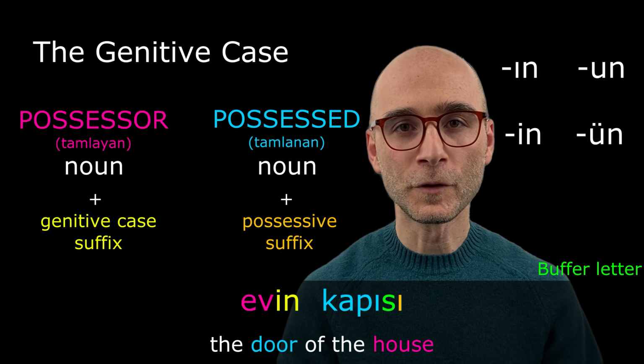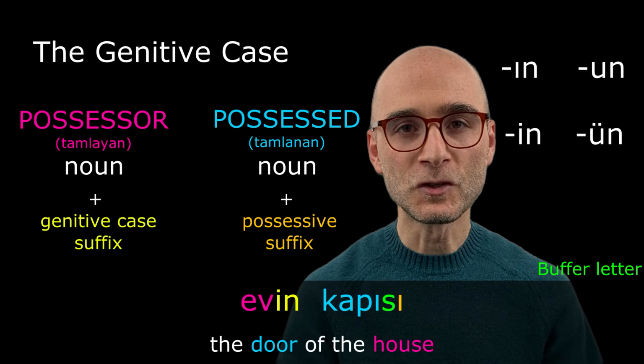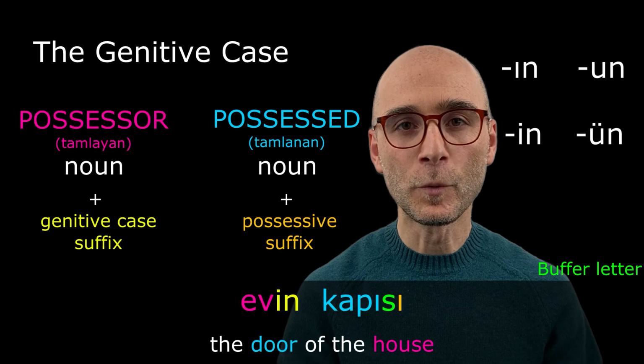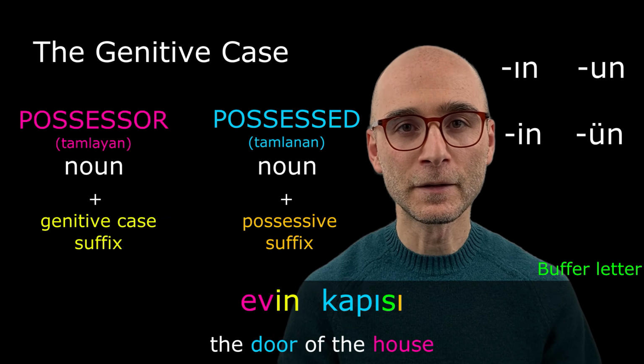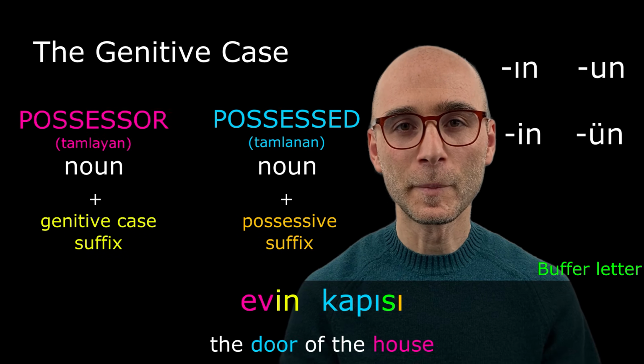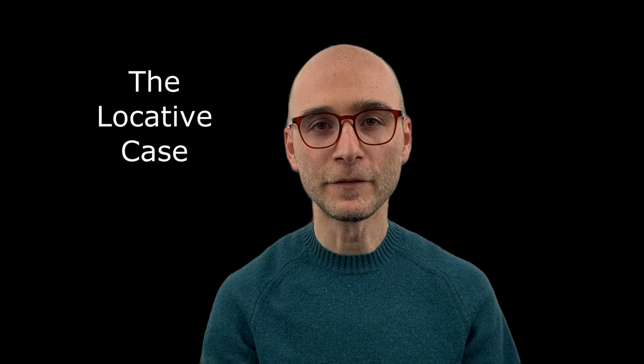Ev is the possessor, receives the genitive case suffix, and kapı is the possessed, receives the possessive suffix together with a buffer letter in this example. Evin kapısı, the door of the house.